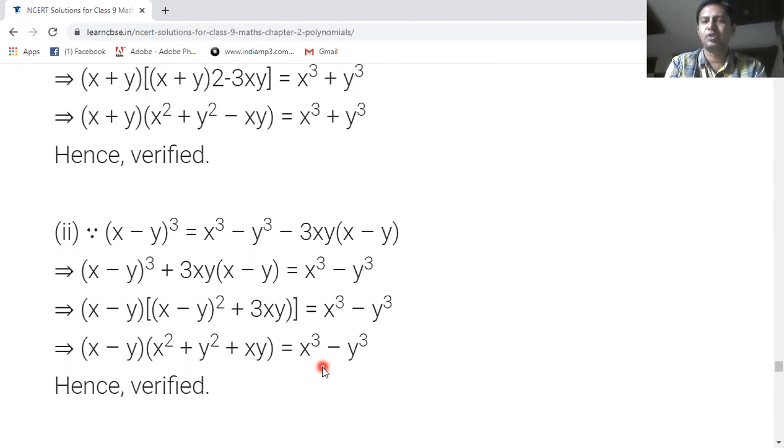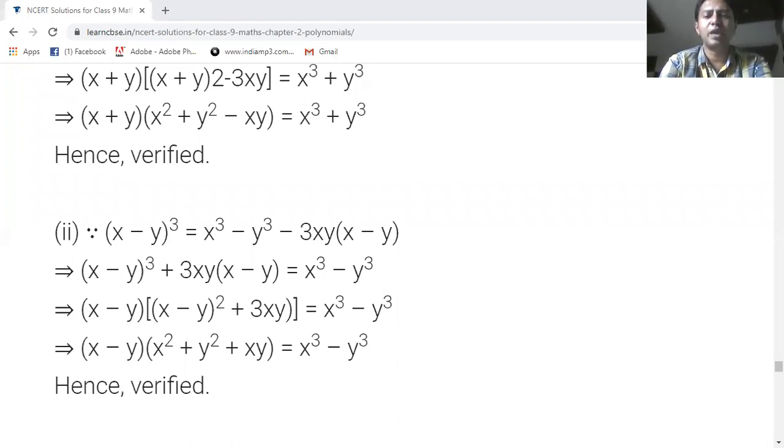As per the identity, we know that (x minus y) cube is equal to x cube minus y cube minus 3xy(x minus y). We'll transport this minus 3xy(x minus y) towards the right hand side. That will give you x cube minus y cube, equal to (x minus y) cube plus 3xy(x minus y).